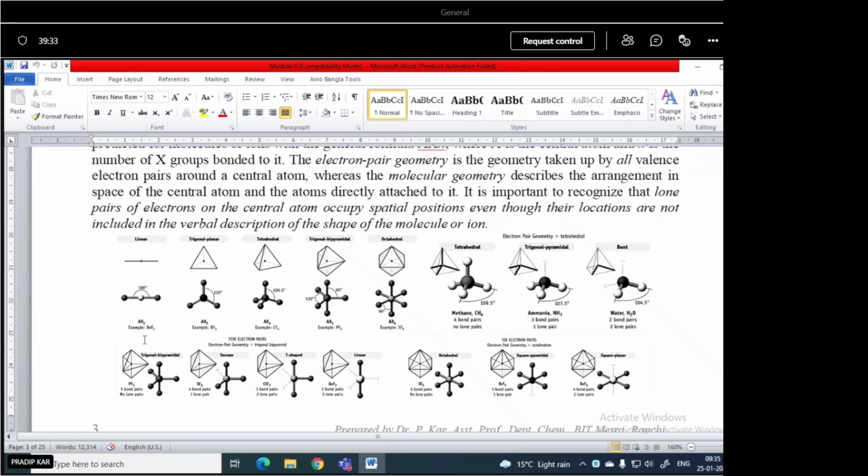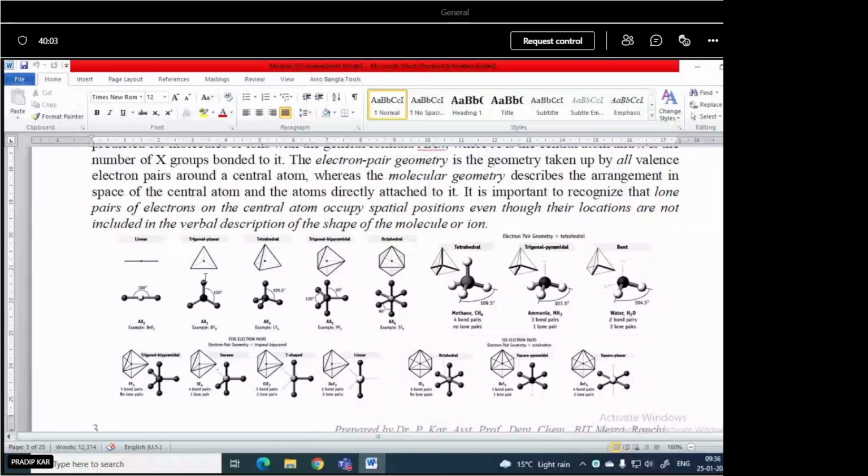It is trigonal planar, with a 120 degree angle to place the bond pairs at the highest distance, like BF3 has this type of structure. In case of AX4, CF4, the angle becomes 109 degrees in a tetrahedral structure.